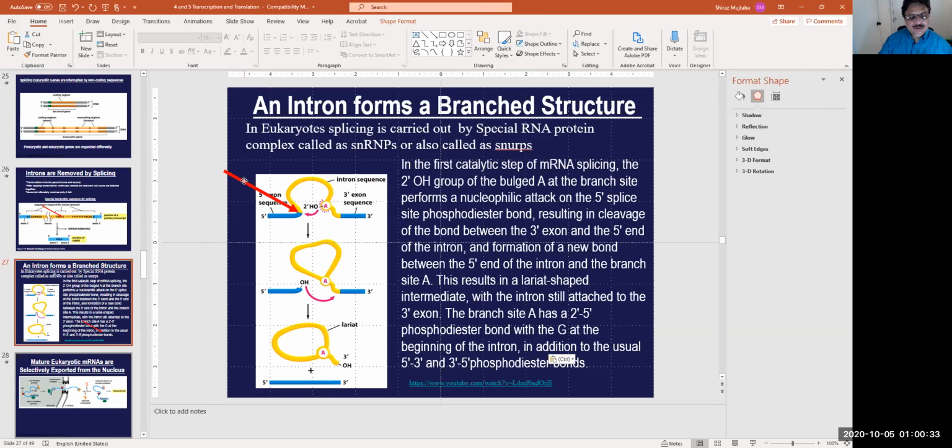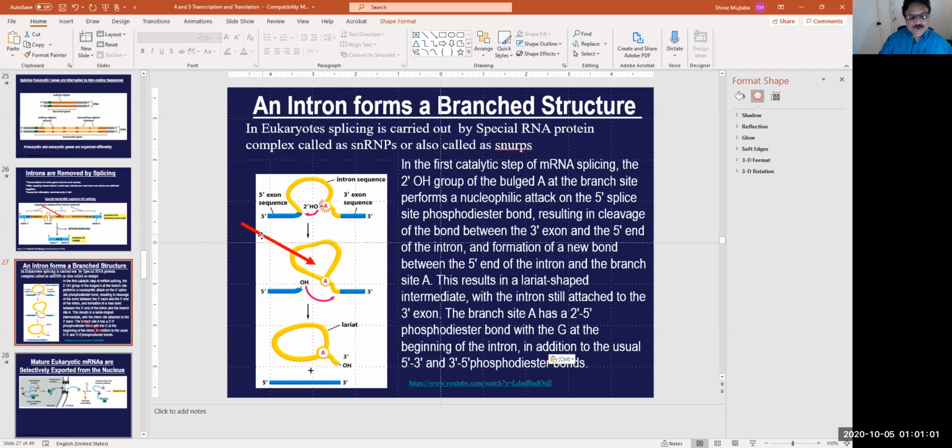So at the junction, this OH group from adenine makes a nucleophilic attack. Because of this nucleophilic attack, this OH is exposed, and this spliced intron goes and self-ligates to the adenine, right?